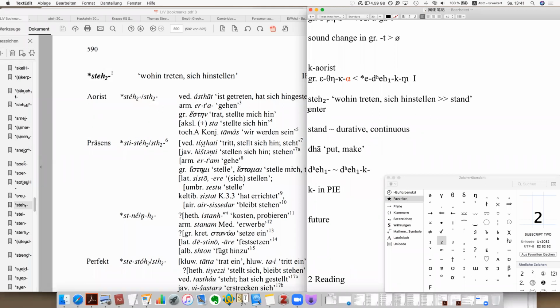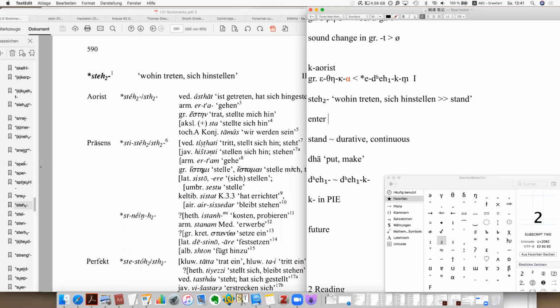But enter is not durative, it is punctual. So you enter some place, and this is an action with a very clear starting point and end point, right?